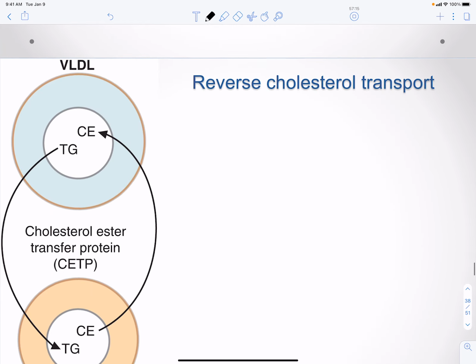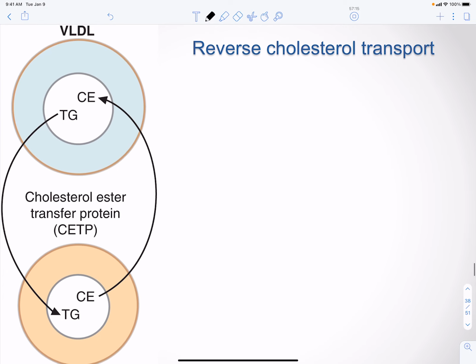All right, so reverse cholesterol transport is going to be when your high-density lipoprotein particles are going to transport free cholesterol to the liver, or going to transport your cholesterol to a circulating very low-density lipoprotein particle or a very low-density lipoprotein remnant. And this is mediated all by cholesterol ester transfer protein.